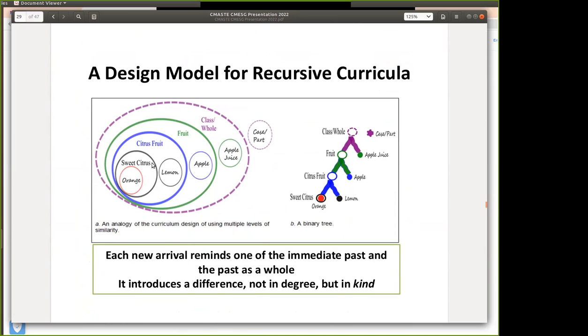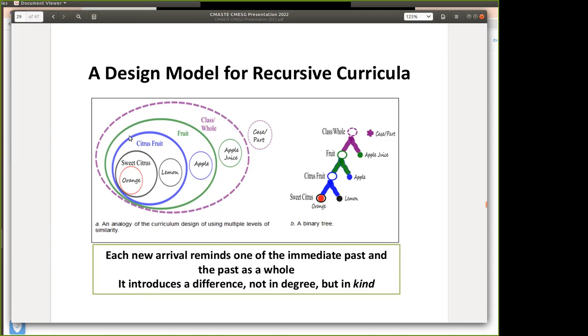You can see I drew the diagram here. So the orange showed up, and you probably don't know what category it belongs to. You don't even think about it. But by the time the lemon showed up, you might say, yes, it seems different from orange, and then you might generate the first one as a sweet citrus kind of category.